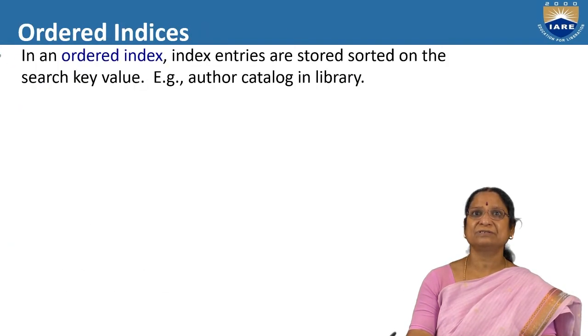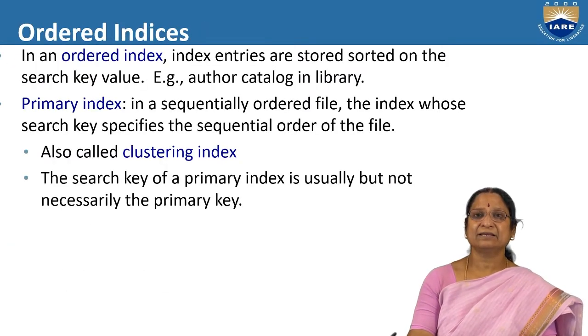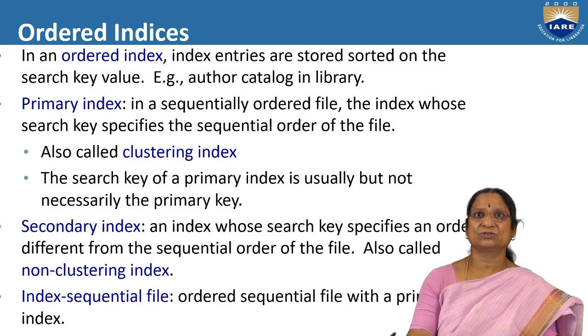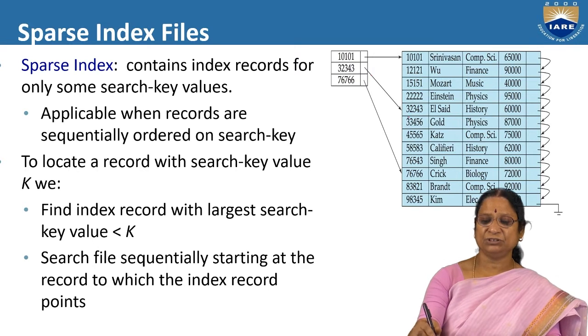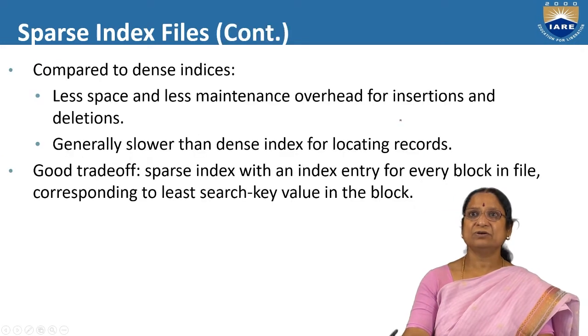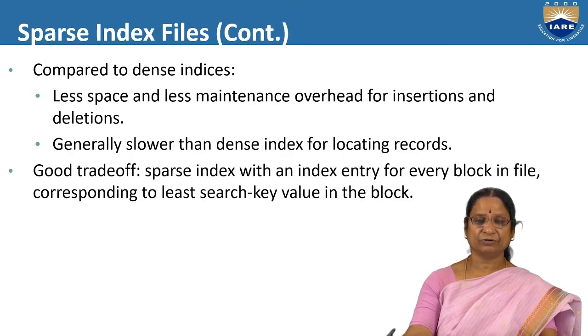Those records are processed in sequential order. That means once we identify in which group the record occurs, then within that group the sequential process has to be carried out. So it is a slower search process.